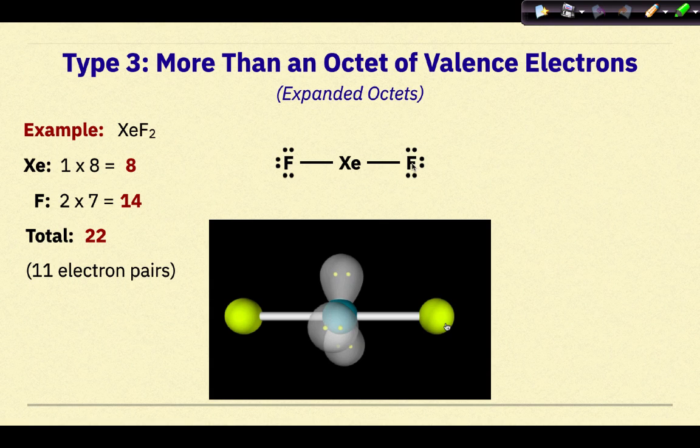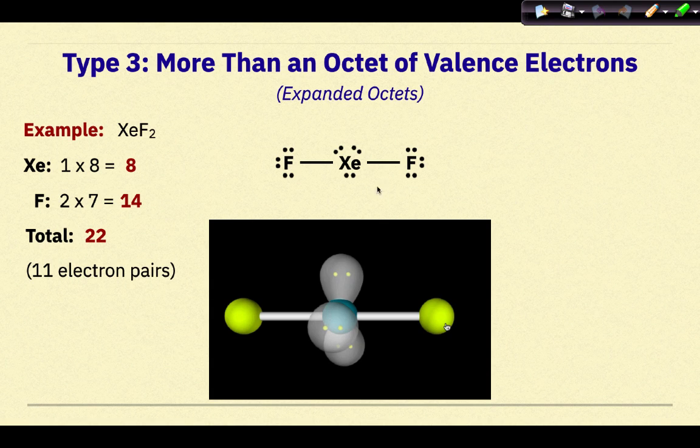So now we have 3 electron pairs left. Now remember, way back from the beginning of the chemical bonding unit, if you have extra electrons, you put them on the central atom. And in this case, we have 3 extra electron pairs. So you would arrange these like so.